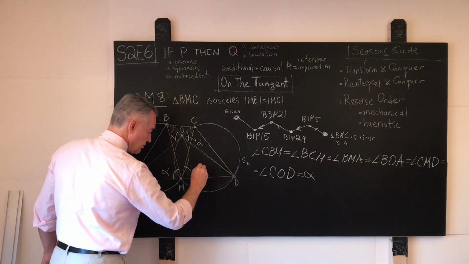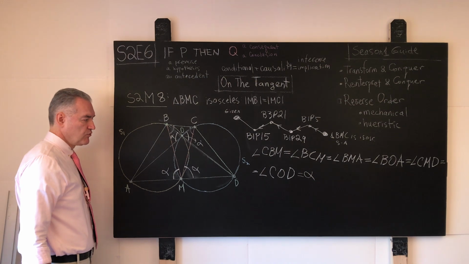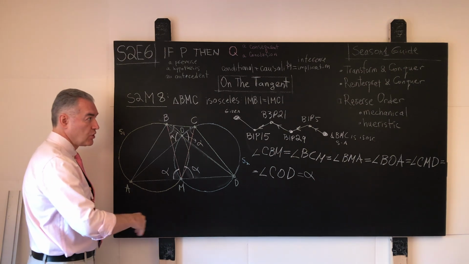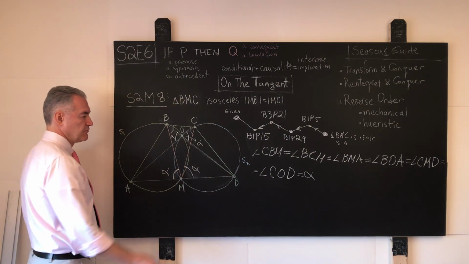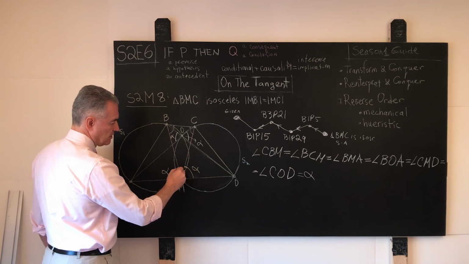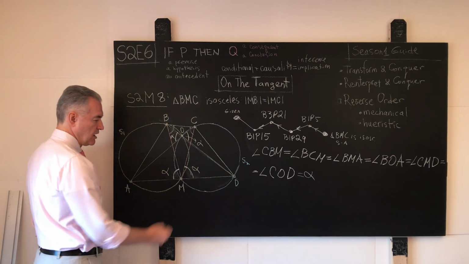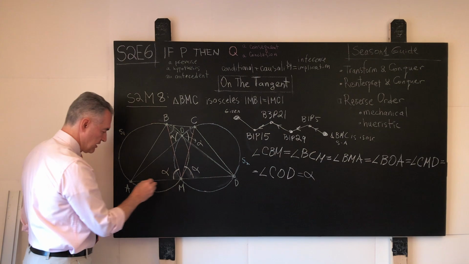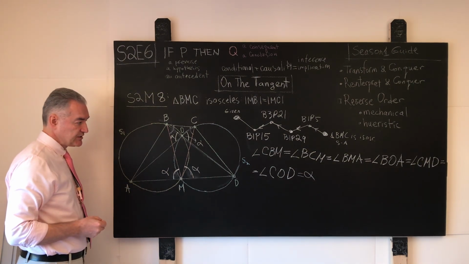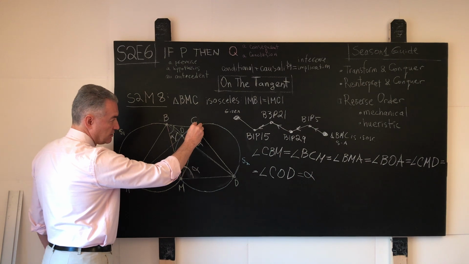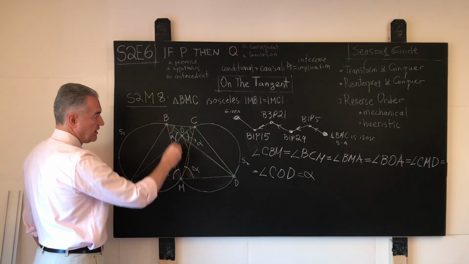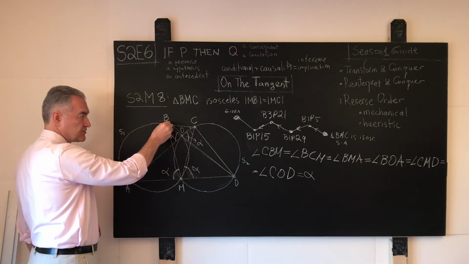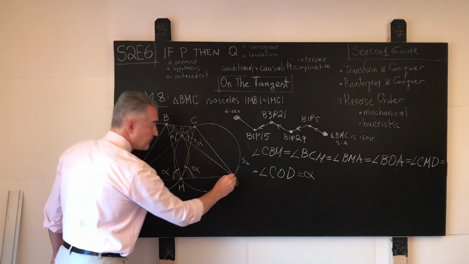You will mark this angle, you will put alpha over here, and you will set things up for the next step, because you showed that these two angles are equal, and these angles also use the straight line DA for their corresponding sides. We know that the straight line CM and the straight line BM both fall on two parallel straight lines, the straight line BC and the straight line AD.